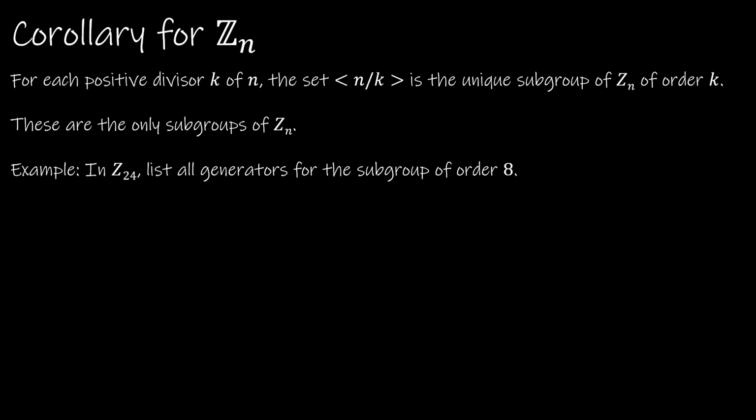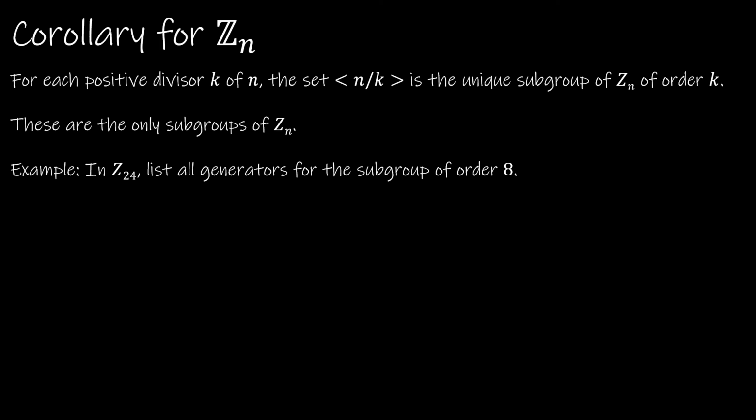Now, we do have a corollary related to the fundamental theorem of cyclic groups, and this is specific to Z sub n. So if you'll recall, Z sub n is a group under modular addition, and it's all of the values from 0 up to n minus 1.